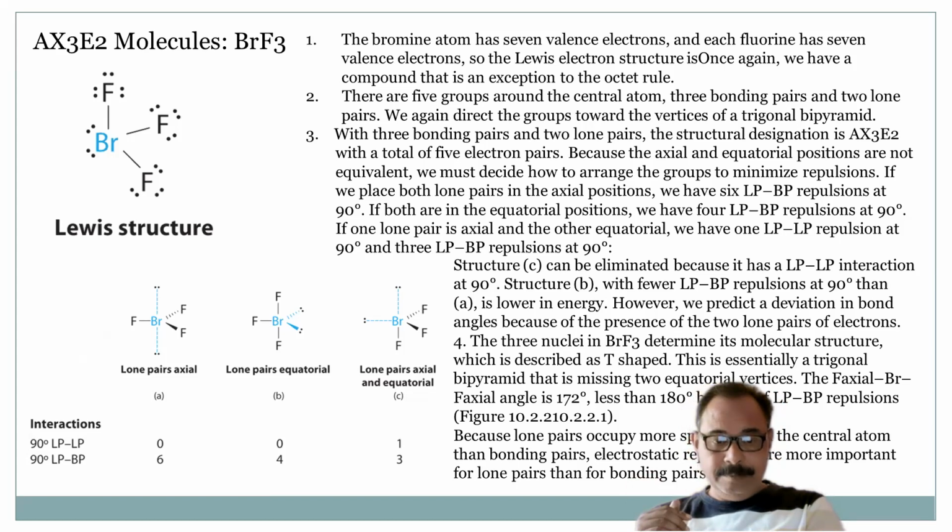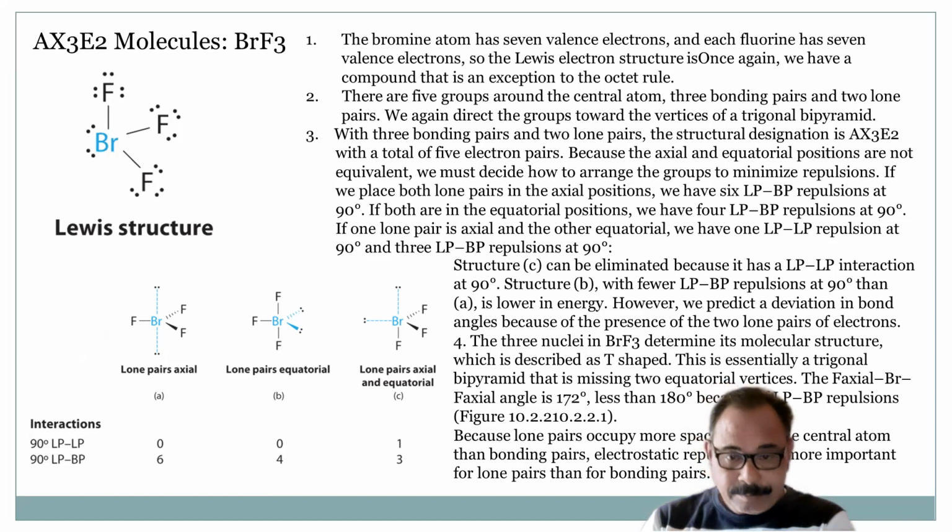Structure C can be eliminated because it has a lone pair-lone pair interaction at 90°. Structure B has fewer lone pair-bond pair repulsions at 90°, so structure A is lower in energy. However, we predict deviation in the bond angles because of the presence of the 2 lone pairs of electrons.